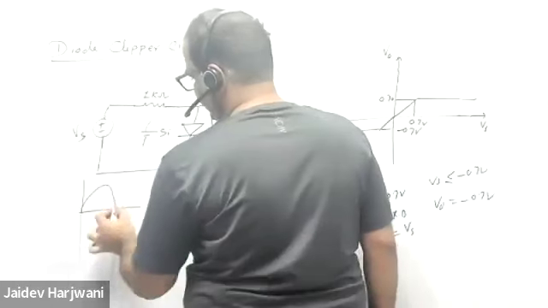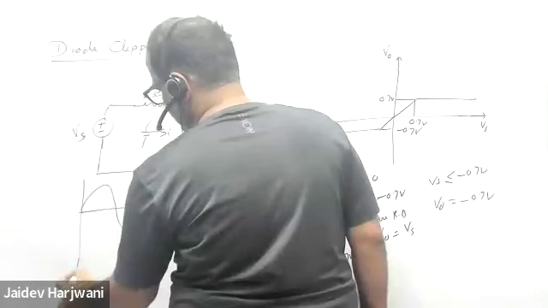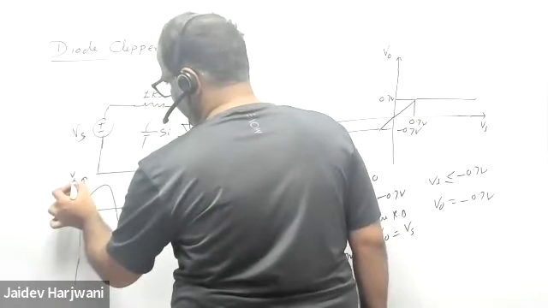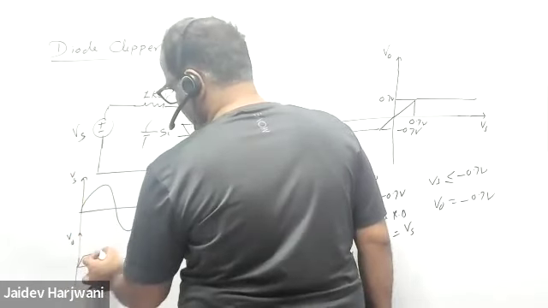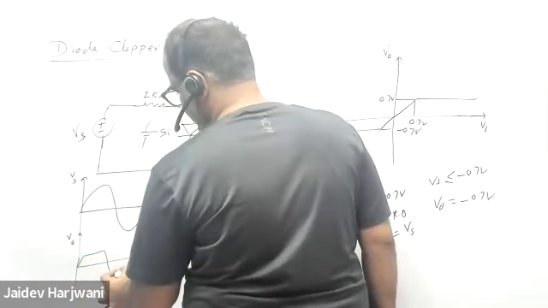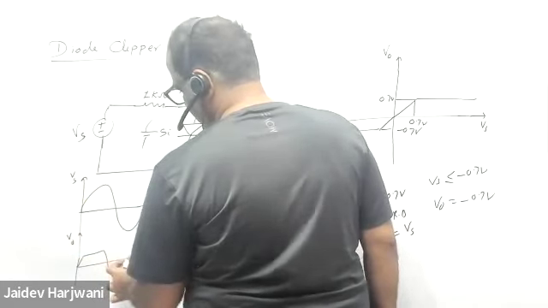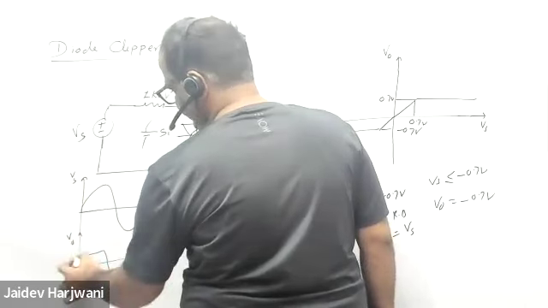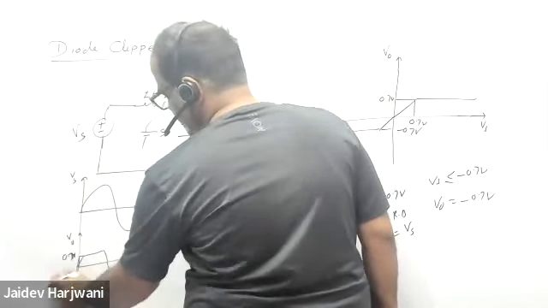You have a sine wave. This is Vs. You want V output. So this will be like this. Up to 0.7 it will be clipped to 0.7 and minus 0.7.